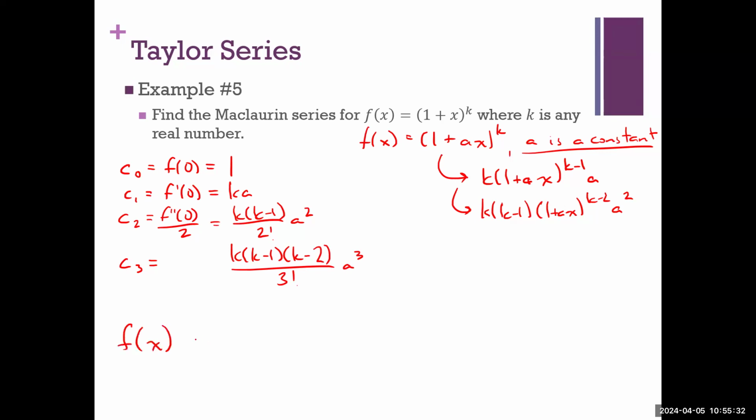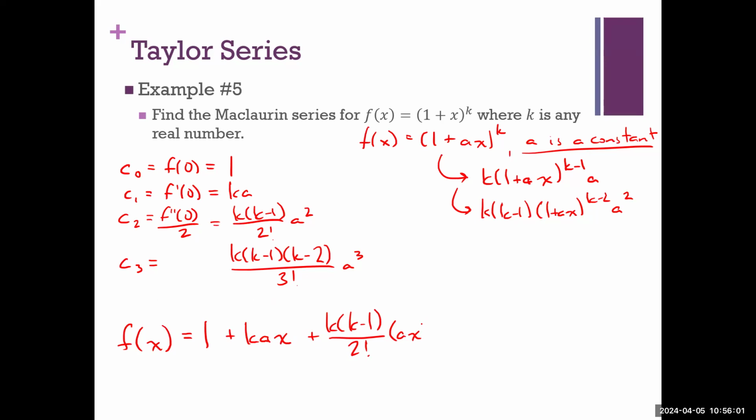So f of x will be equal to 1 plus Kax, right? Because the coefficients are going to be free of x, but then when I bring in the powers of x, I'm going to have Kax plus k times k minus 1 over 2 factorial. And what's squared?